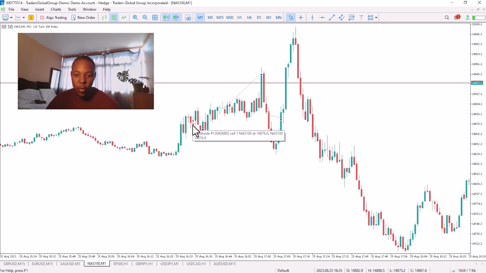And then I went with one lot, which was way more than what I wanted to go with, so my risk was way too much, and then I cut it in half, because you can do that. You can close half of your trade. So from that one lot, I closed 0.5. So now it was just 0.50 left, and then I put my SL up there.